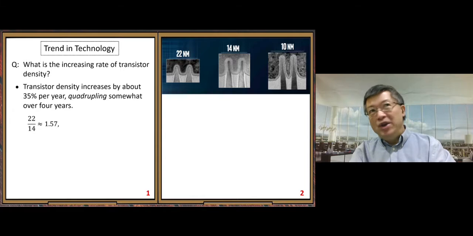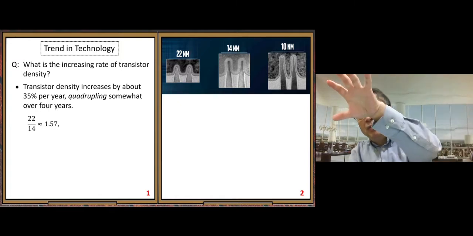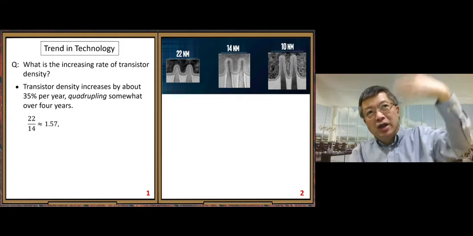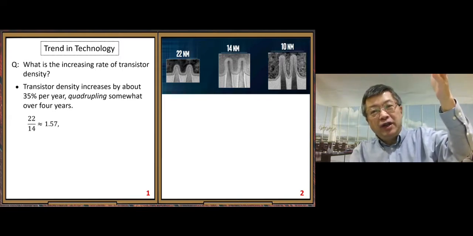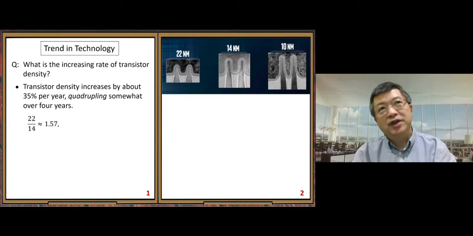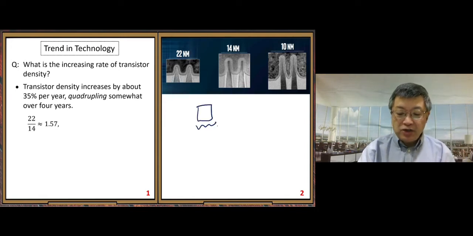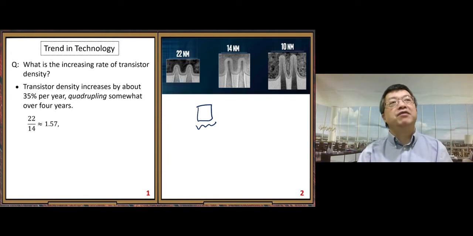Can we say the transistor density improved from 22 nm technology to 14 nm technology by 57%? Can we say that? No. The answer is not correct. Why? Remember, these nanometers are the feature size. That's just one dimension. One dimension you improved by 1.57.